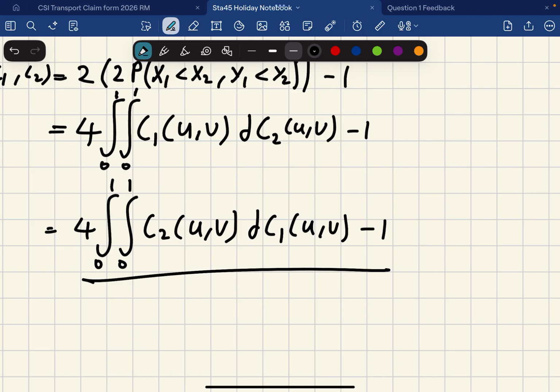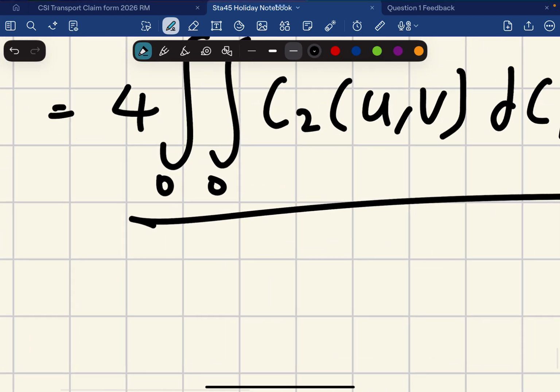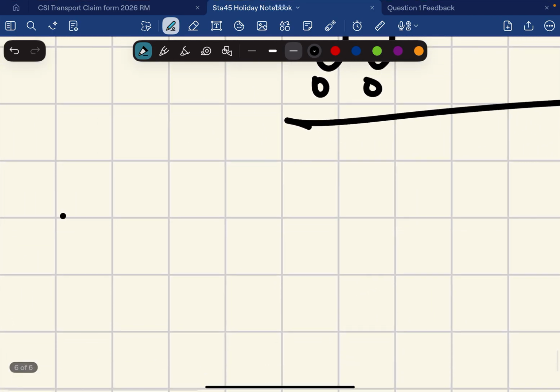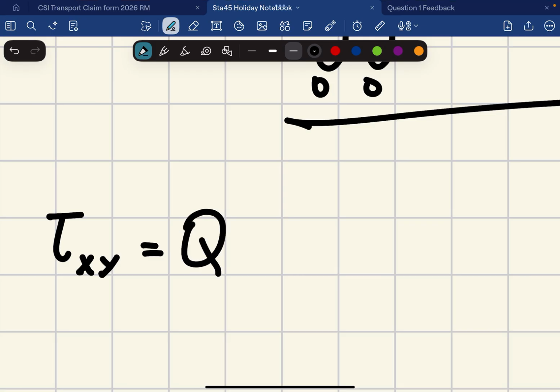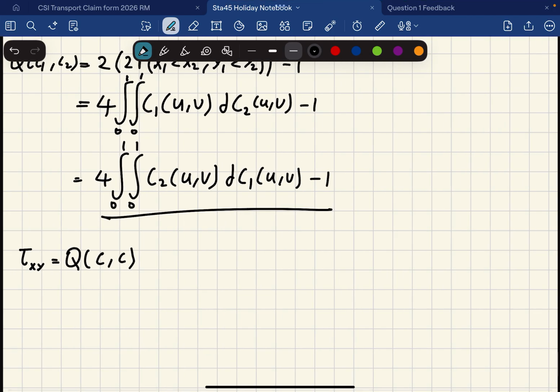And then one very interesting fact is that this guy is the concordance function, right? It's the concordance function of X and Y, but for the same copula, like this, right? We maintain the same copula throughout.